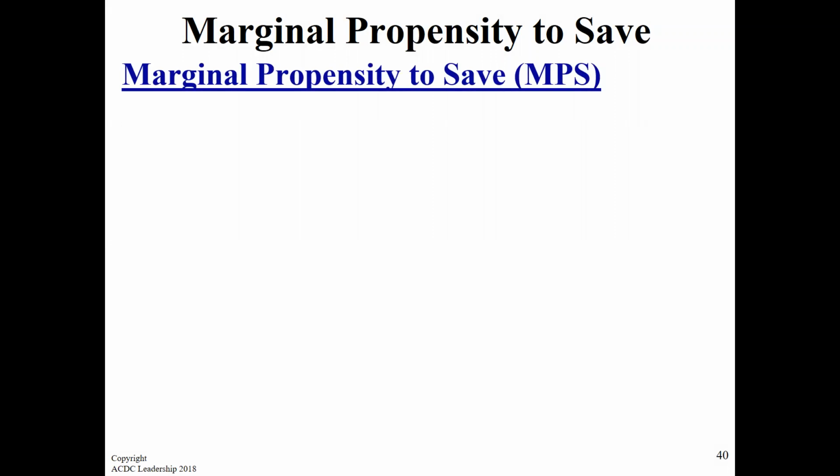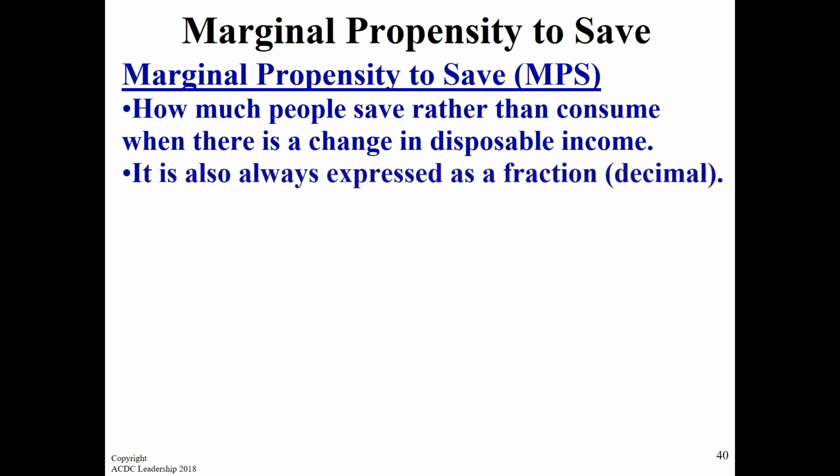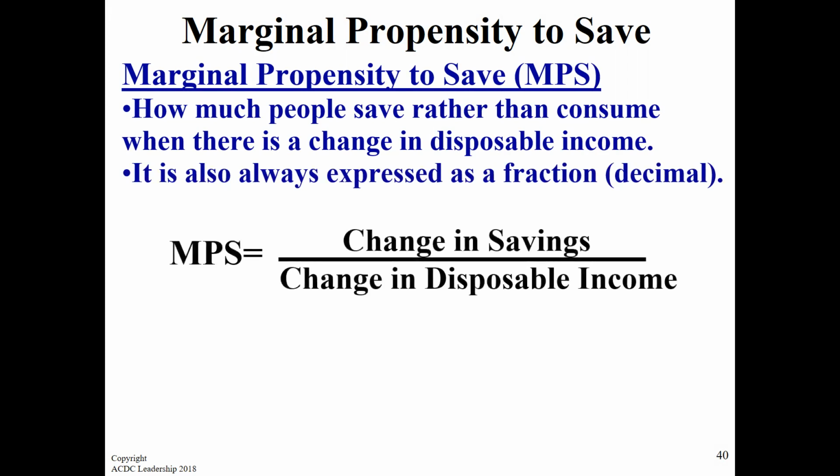Now, the marginal propensity to save is kind of the same thing. How much is KB going to save of that 100 I gave him? In a decimal. Same formula, except now I'm putting savings on top.